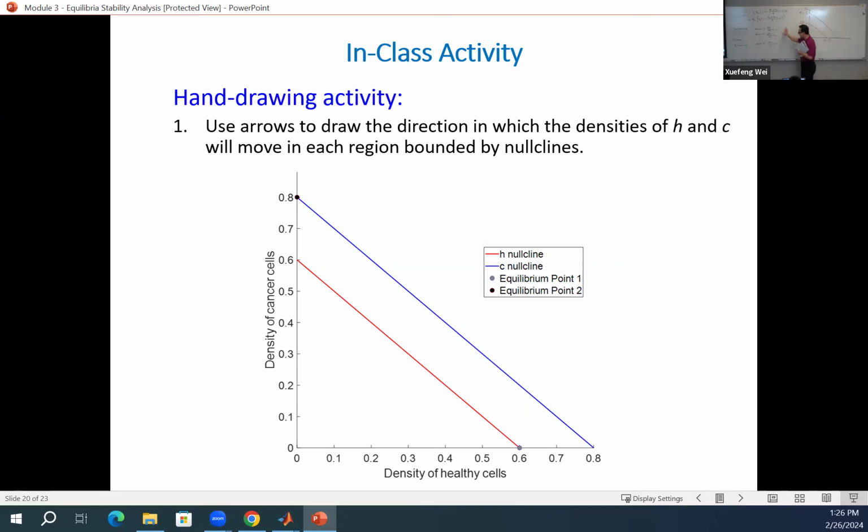So the same analysis holds. Is that right? Below it, dx2 dt is bigger than 0. Can you see that? Because when you have a point right on it, this is 0.